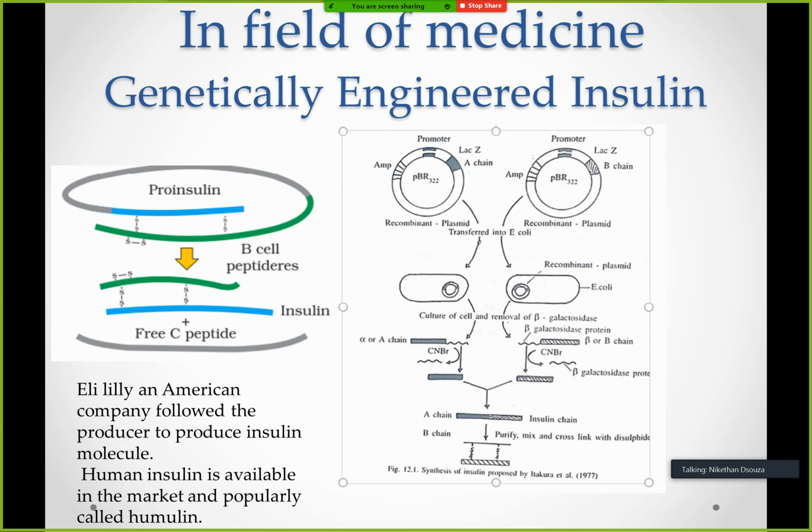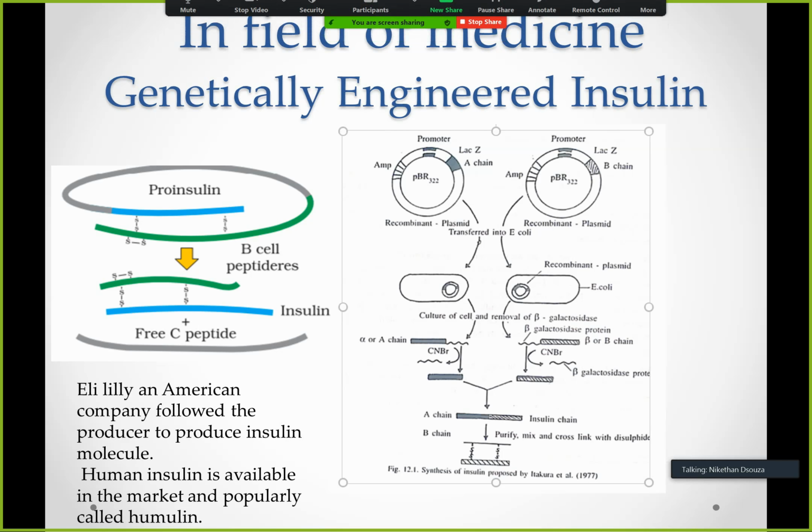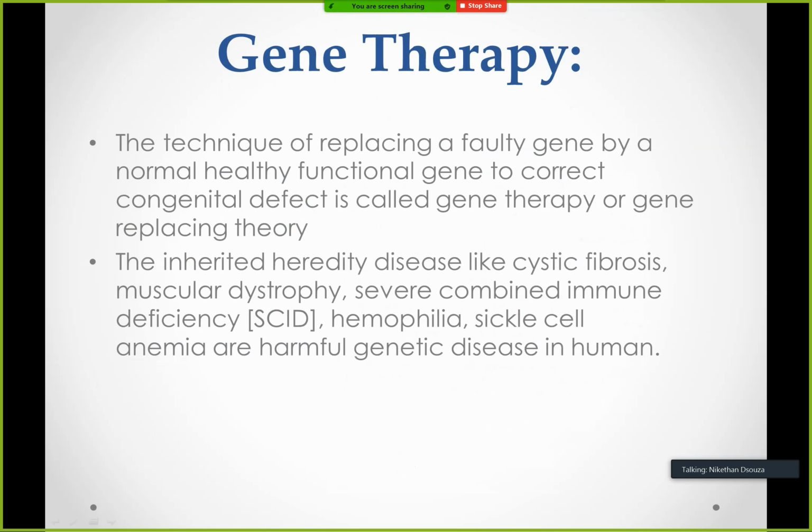The bacteria are cultured, the A chain and B chain are taken separately, and they mix the A chain and B chain, and they get insulin which can be administered. Understood? Okay, we move on to our next slide, gene therapy.